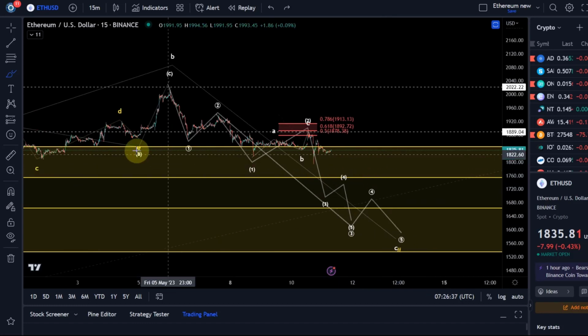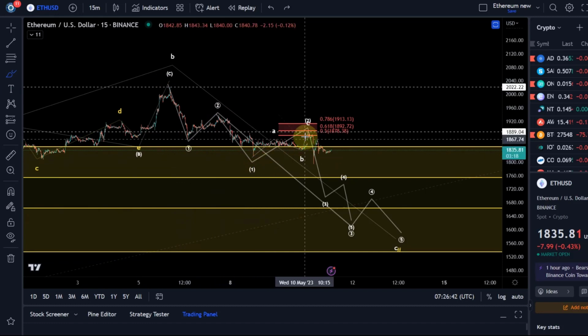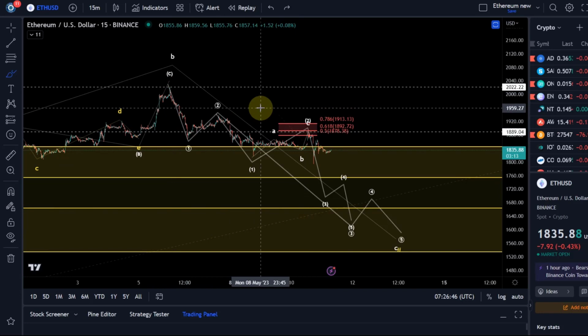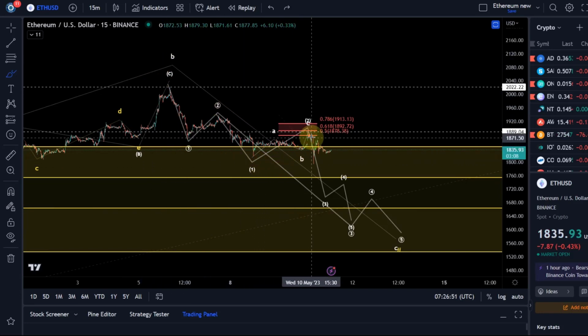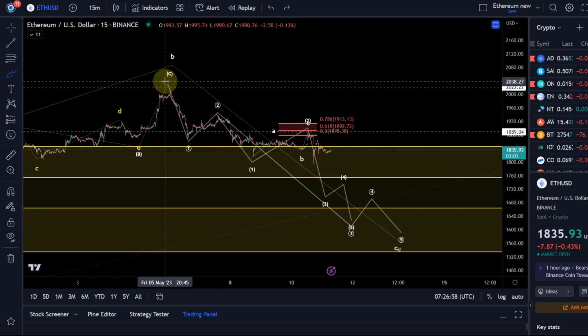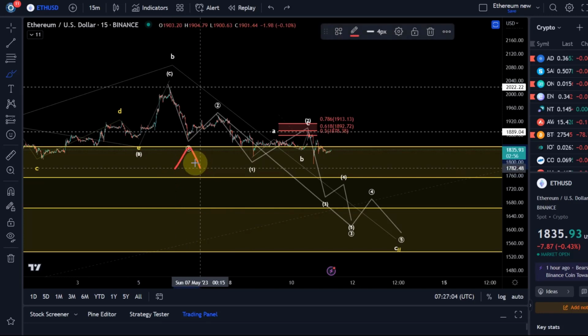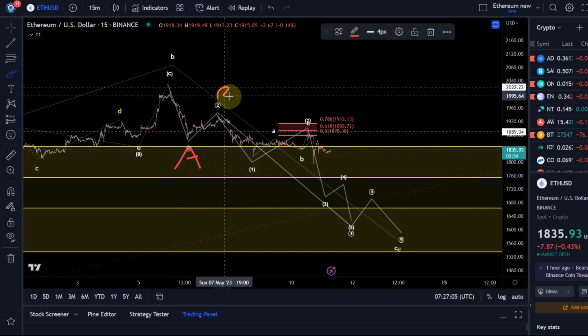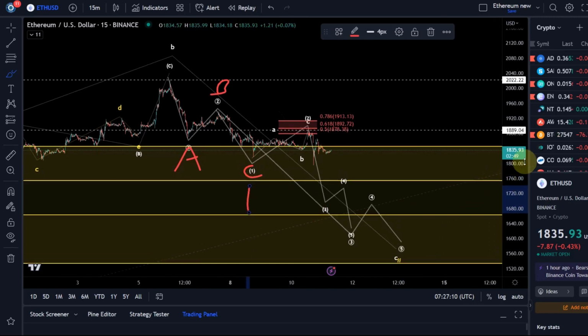For anybody who's interested, how would that look? At the moment, I'm counting it as a 1-2, 1-2 setup here. But in an ending diagonal, I would count the entire decline to Monday's low as an A, B, C of wave 1.